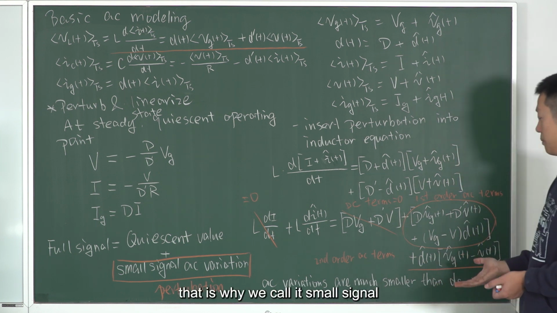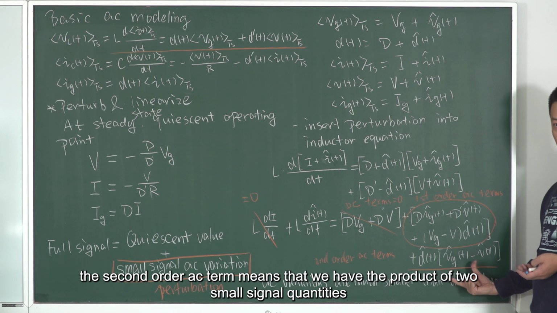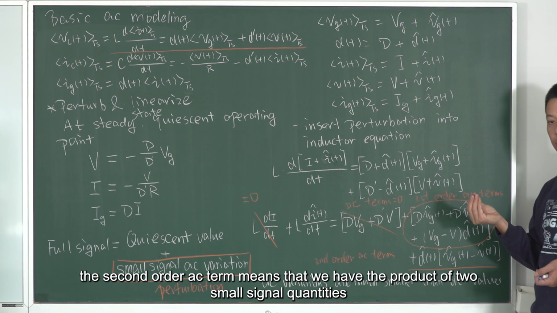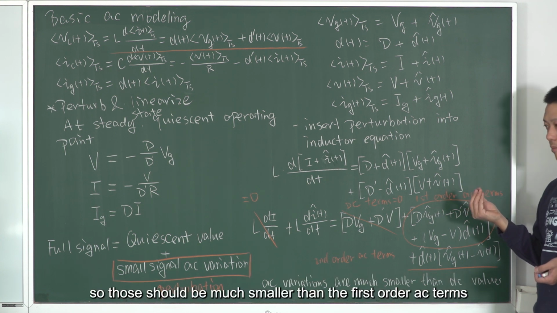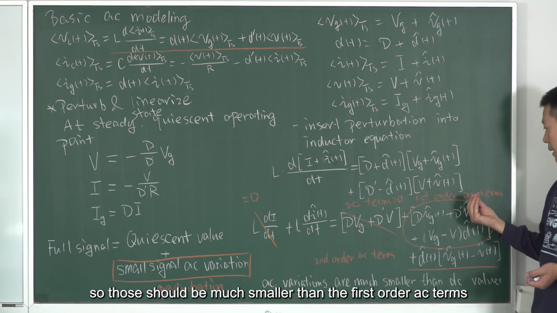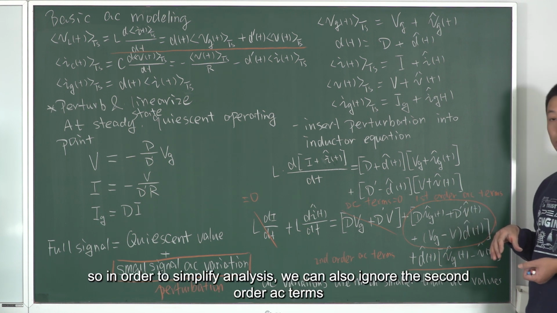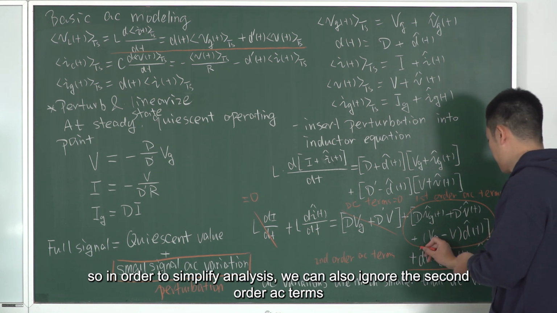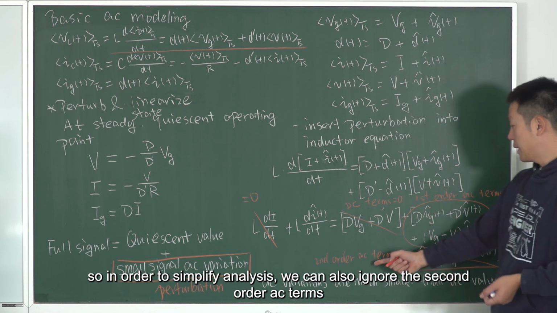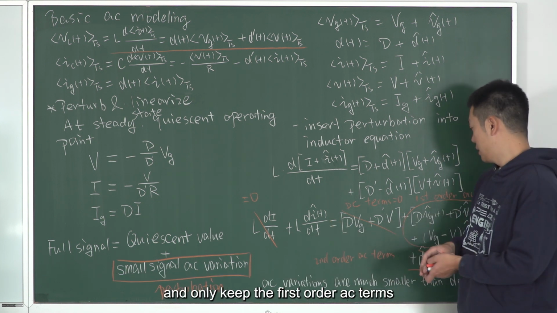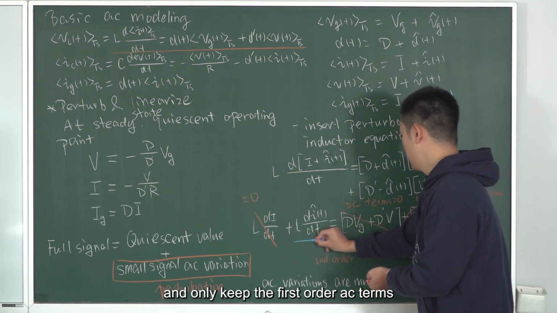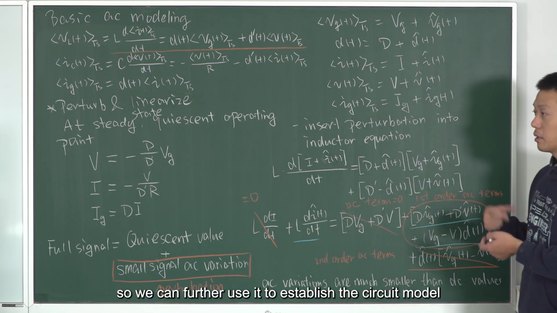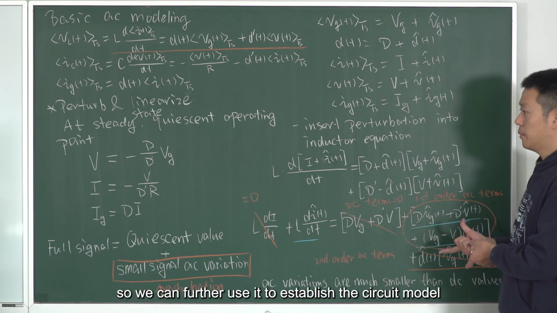That is why we call it a small signal. The second order AC terms mean that we have the product of two small signal quantities. So those should be much smaller than the first order AC terms. So in order to simplify the analysis, we can also ignore the second order AC terms and only keep the first order AC terms. So we can further use it to establish the circuit model.